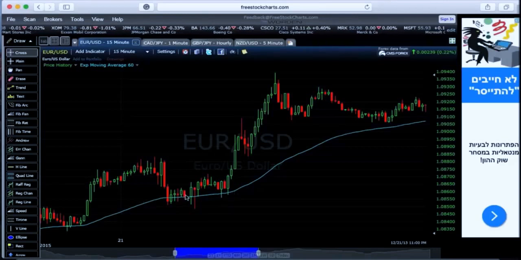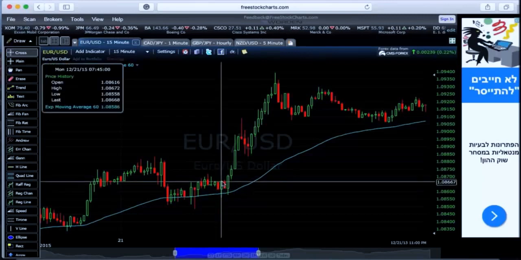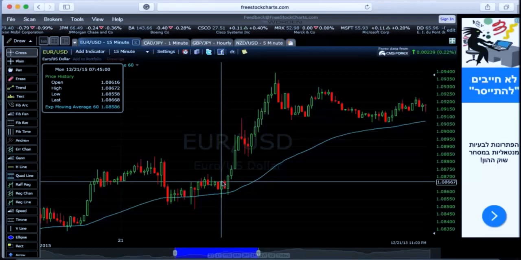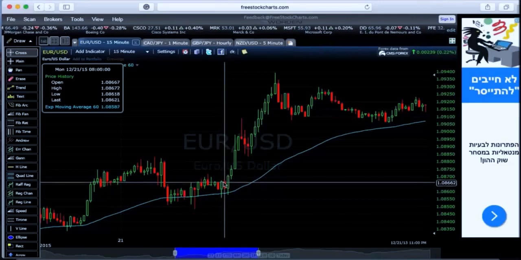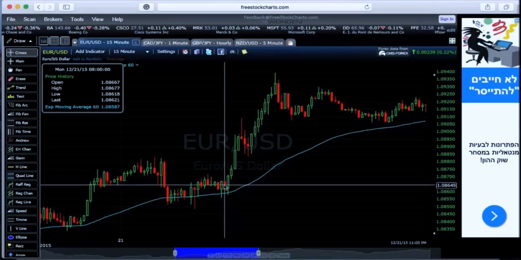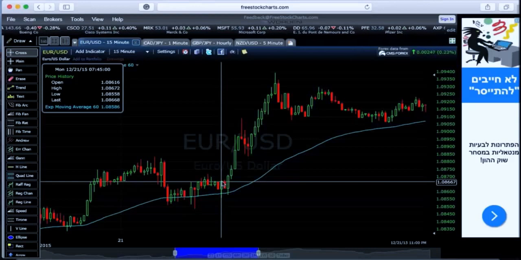Now, on the 15-minute chart, we're aiming for between 30 minutes to 1 hour. So 30 minutes would have been this candle here, which was deep in the money, and 1 hour was even bigger. So from this candle, you could have got 2 in the money trades.